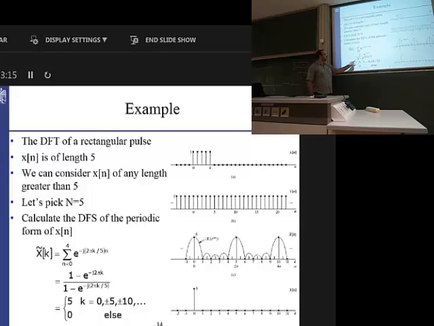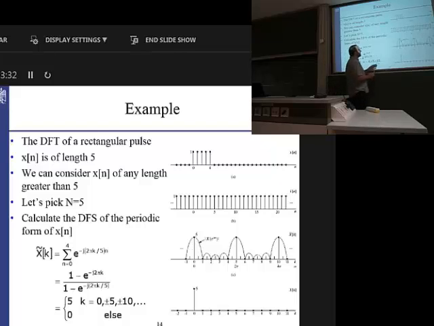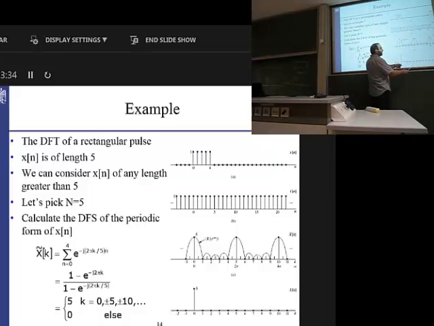And you see that the values are 5 times the 0, and the multiplications of 5 will get the value of 5, but anywhere else it's 0. But if you just take the first period of that, so from 0 to 4, the only active value is in 0, and that's 5.